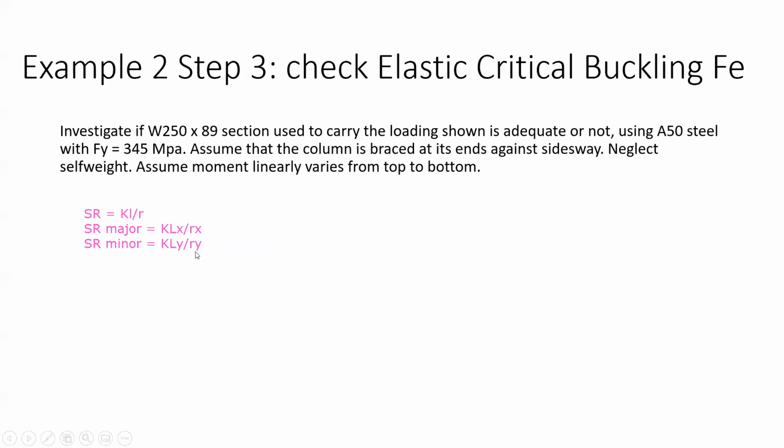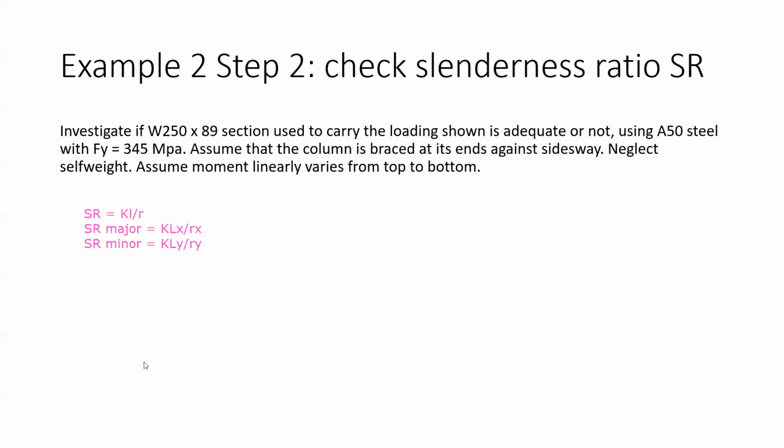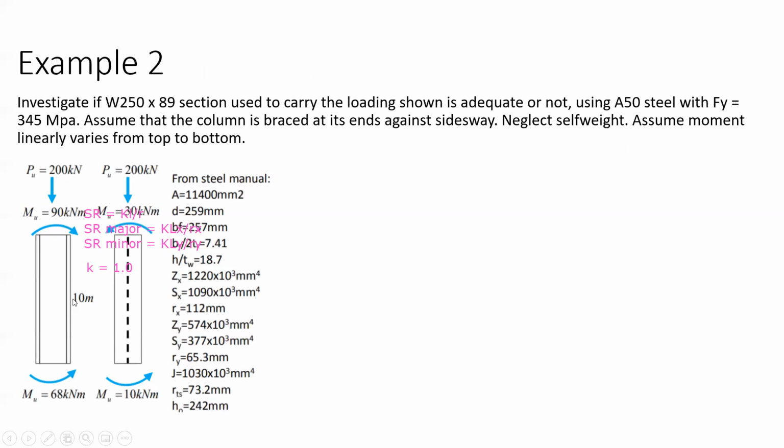To check the slenderness ratio, here we have K equal to 1.0, Lx and rx. Our length is 1,000 since 10 meters is given here. This would now be our Lx and Ly, this 10 meters.